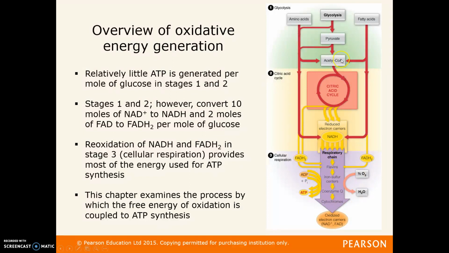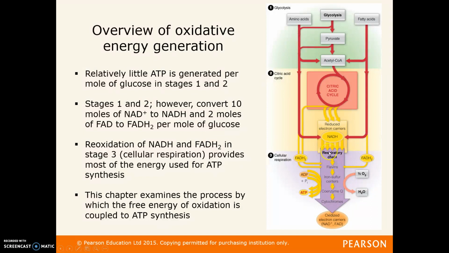Now, there are ATPs that are generated during glycolysis and during the citric acid cycle, but by and far, most of it is made down here in the oxidative phosphorylation section. And something to consider is that we are not simply dumping electrons into a spot.